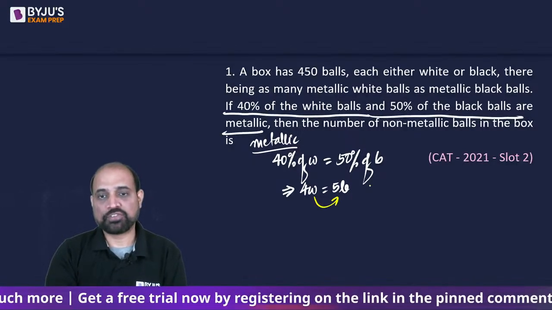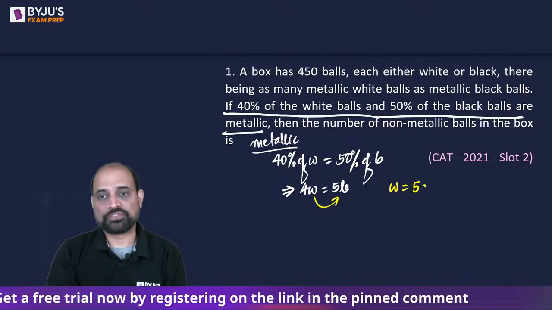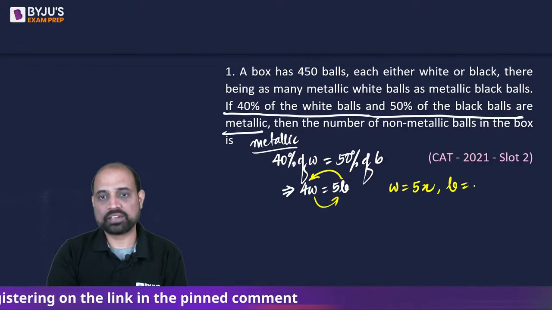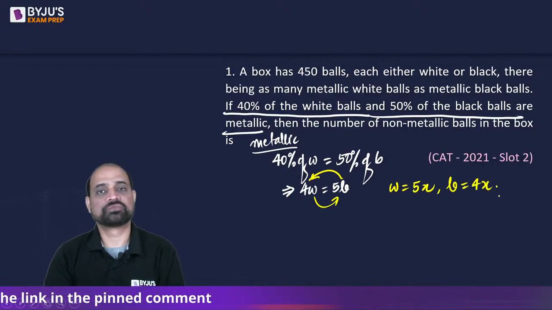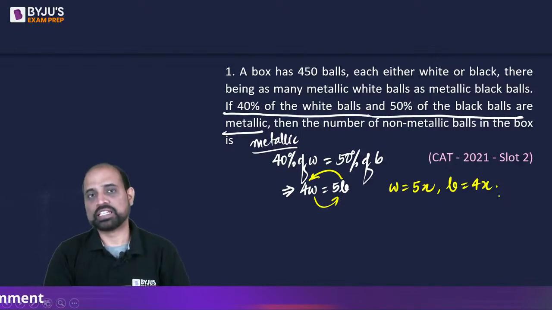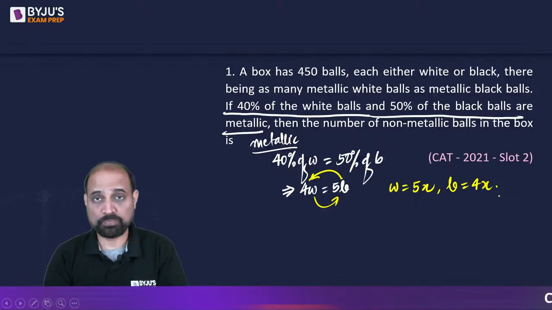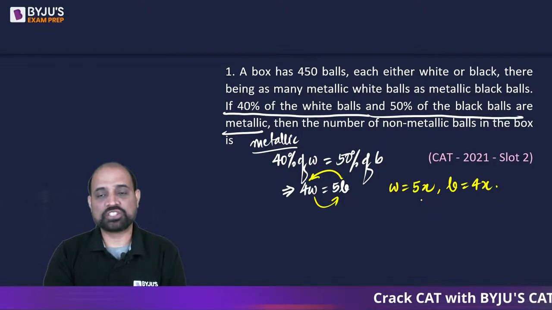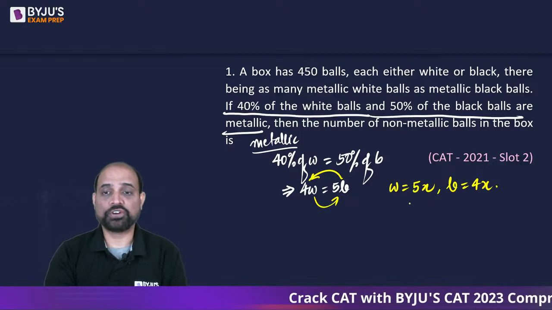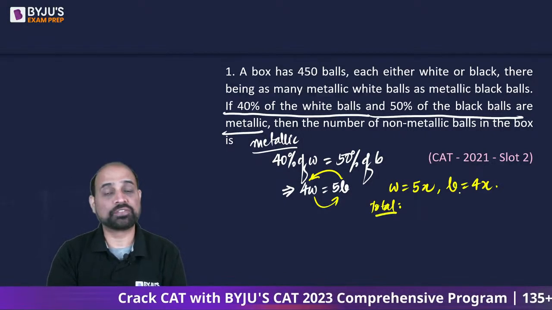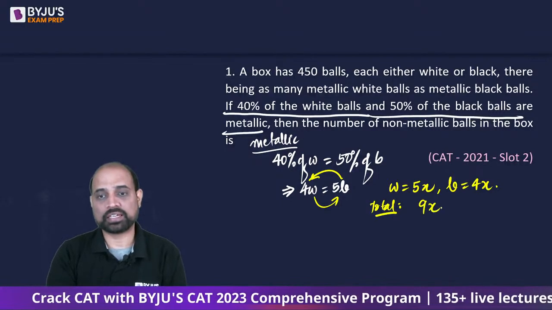This results in white being 5x and black being 4x. This is how the variables interchange the values. They take the value as the coefficient of the partner's term. So if white is 5x and black is 4x, the total number of metallic balls, since we are dealing with metallic balls here, is going to be 9x.